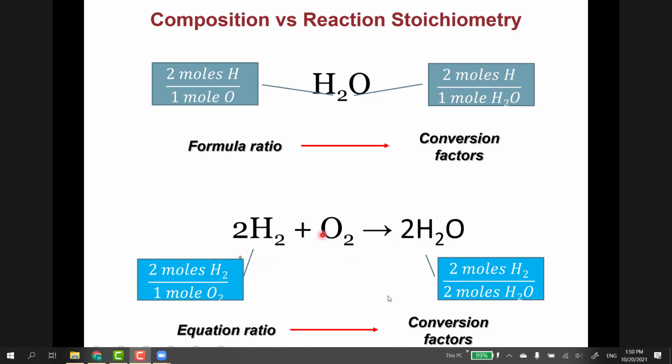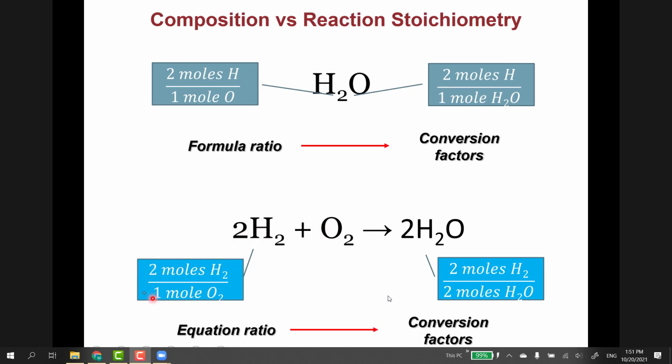Similarly, for balanced reaction coefficients in this reaction right here, you will get a ratio between the number of moles of each species. These ratios are also conversion factors that can be used to convert between the number of moles of each substance. So the ratio between moles of hydrogen and moles of oxygen is 2 to 1.